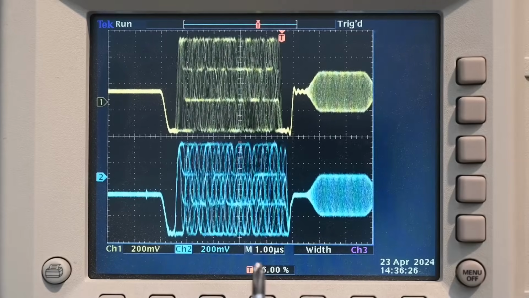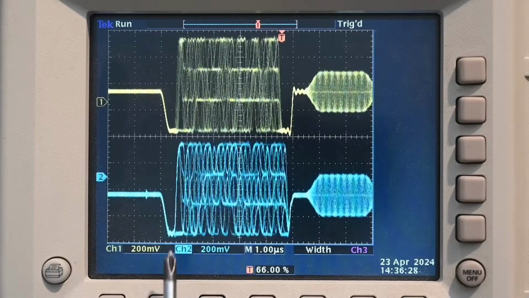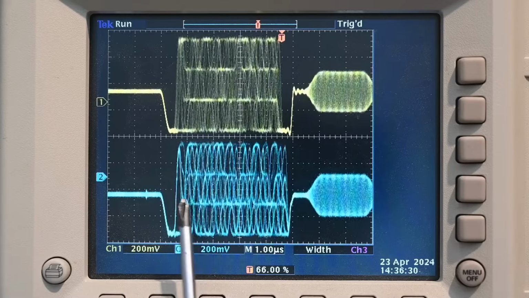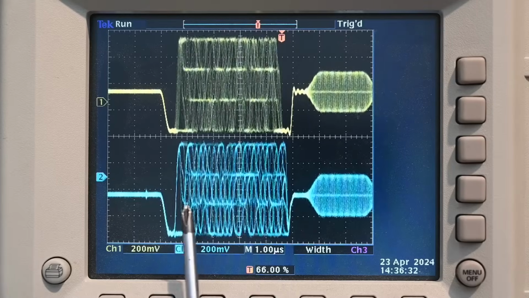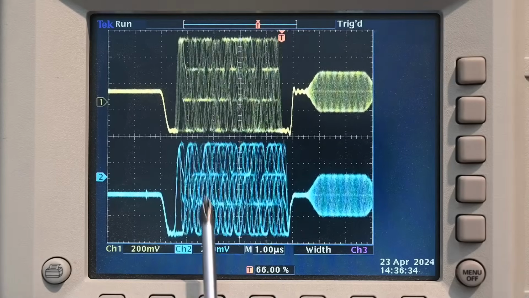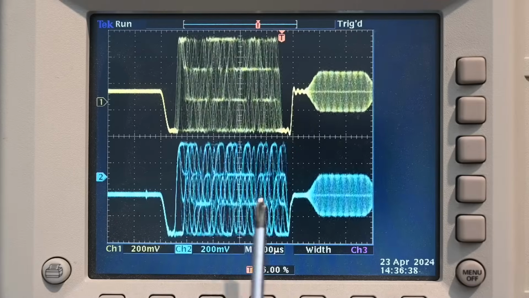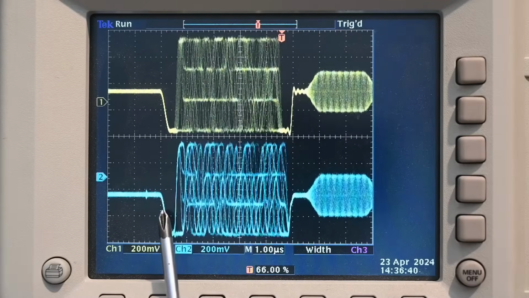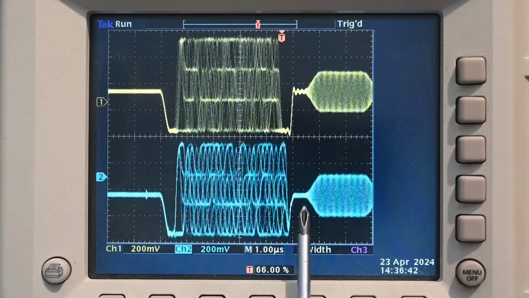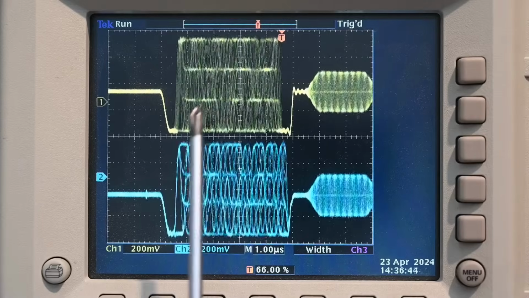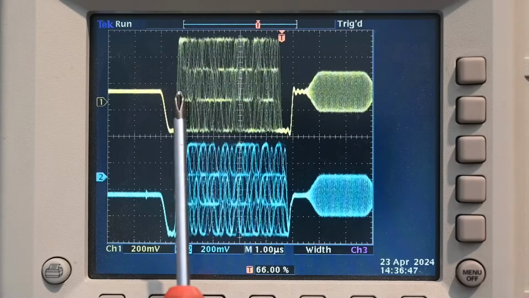So let's walk through the things that I noticed. On the BBC style coder, there's a clear constellation here. You can see these holes in the burst where there's a clear pattern of bits being transmitted, and it seems to be a fixed number of bits per burst. Whereas for the RE Technology coder, not so much.